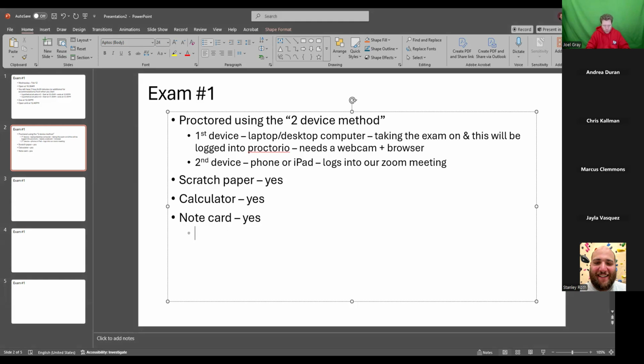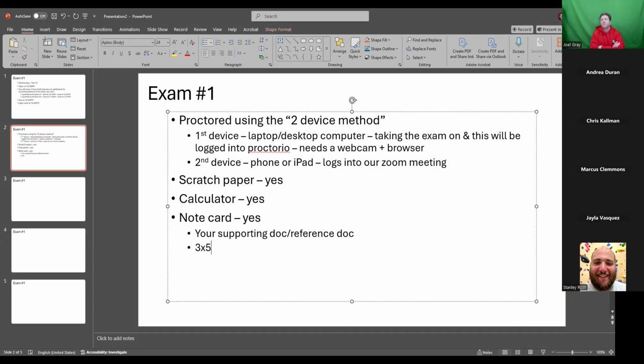Now let me get back to the note card. I am going to refer to this as your supporting document or your reference doc. On this note card, I'm going to give you specific details: 3 by 5, which is 3 inches by 5 inches.